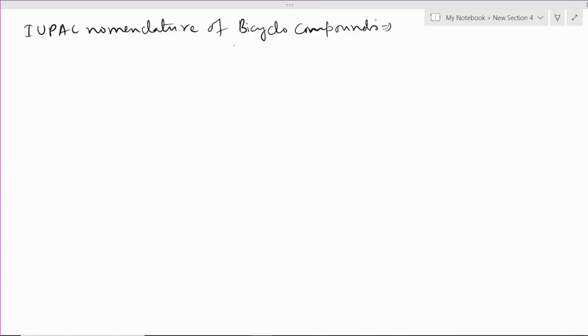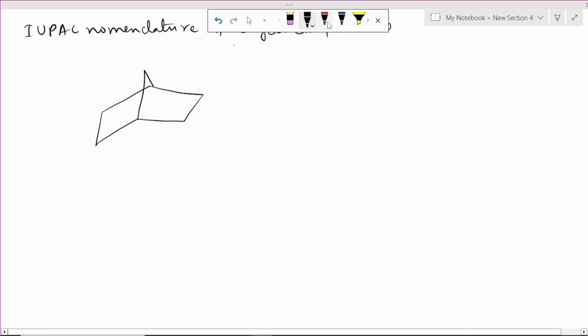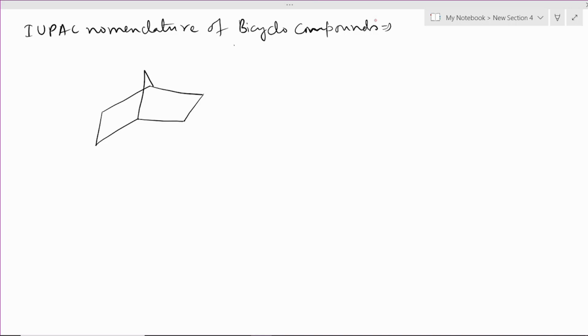Suppose we have to do IUPAC nomenclature of this bicyclo compound. So firstly we have to do numbering. It is 1, 2, 3, 4, 5, 6 and 7.